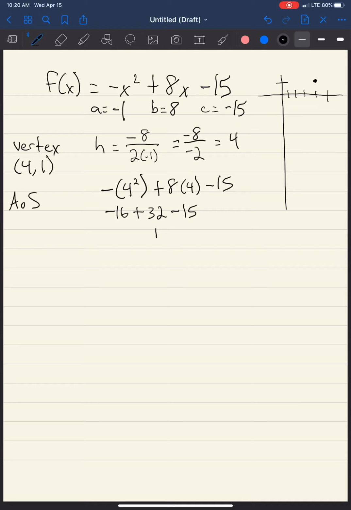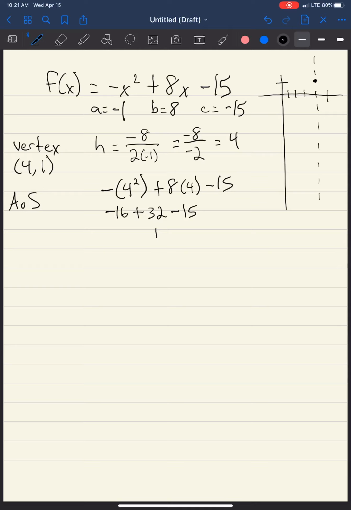We said x equals h, right? So this shouldn't be too difficult. I just look and I see that 4 is my h value, so x equals h. So I can just draw this dotted line just to show, hey, this is the middle point of my graph. On both sides, it's going to be the exact same.